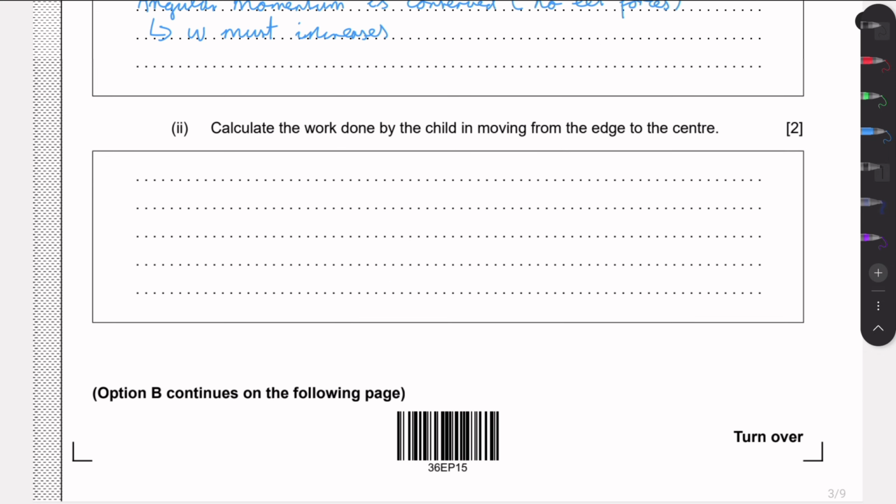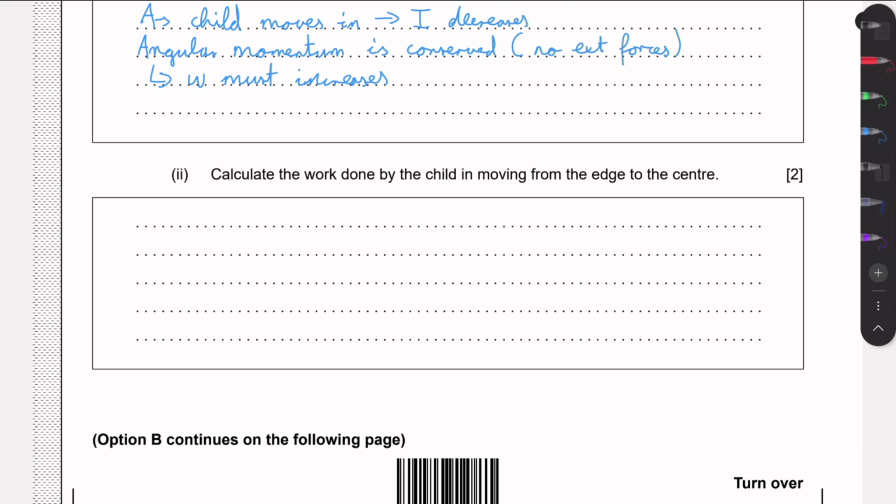So if we want to calculate the work done, we can calculate the change in the energy of the system, the rotational energy of the system. So we can do just the final E kinetic minus the initial.